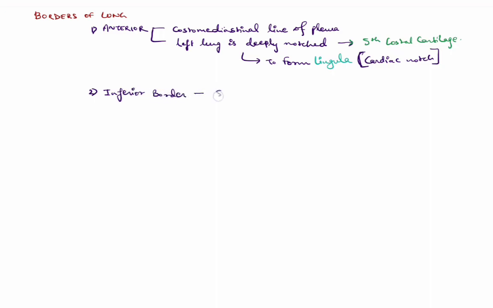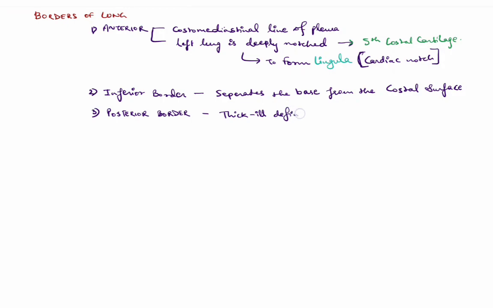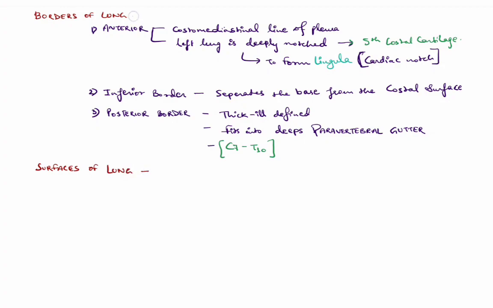Now the inferior border separates the base from the costal surface. The posterior border is thick and ill-defined. It fits into the deep paravertebral gutter of the C7 to T10 vertebral level.